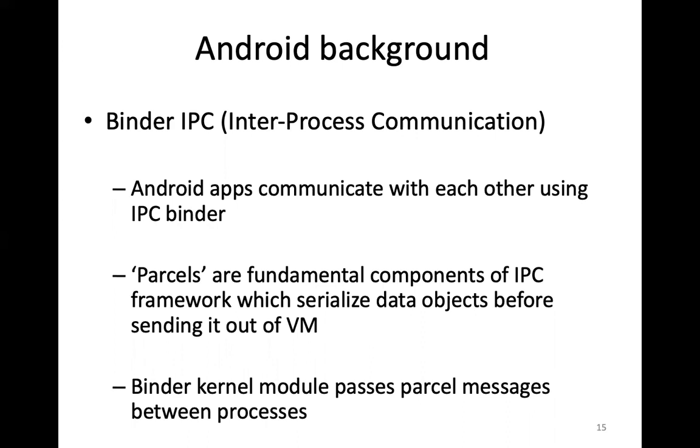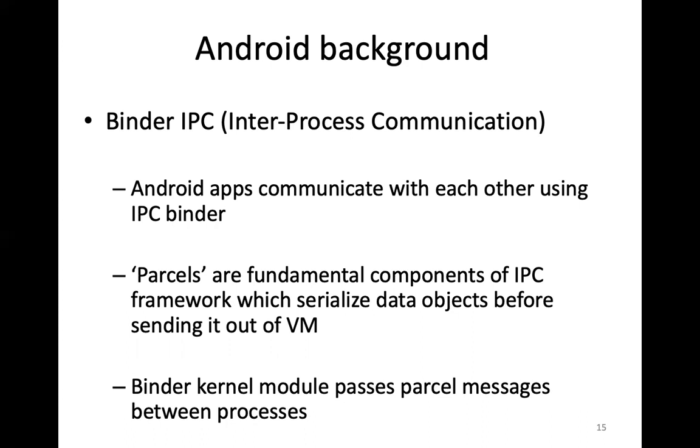Okay, so there's the Binder kernel module, part of the OS kernel, that receives these parcels. These parcels are nothing but pieces of data where complex data structures have been flattened out in some specific format.